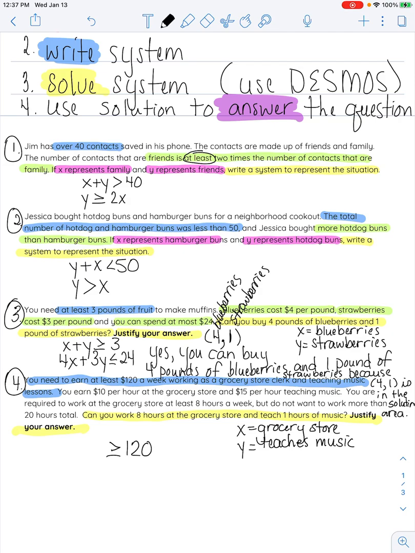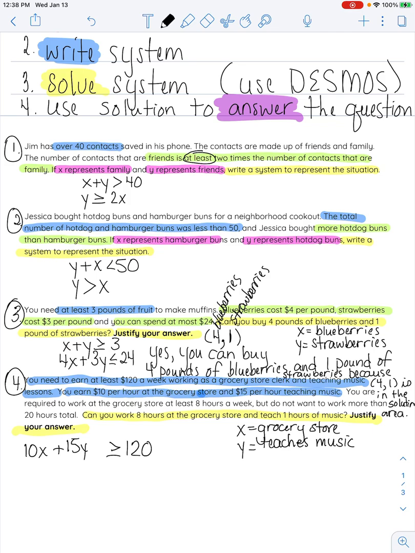But remember, I can't just put X plus Y because that's just my hours. Let's finish this relationship. You earn $10 per hour at the grocery store and $15 per hour teaching music. So, $10 per hour at the grocery store times the number of hours you work plus $15 per hour times the number of hours you teach is greater than or equal to 120.